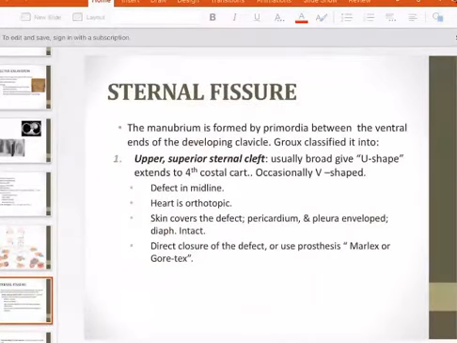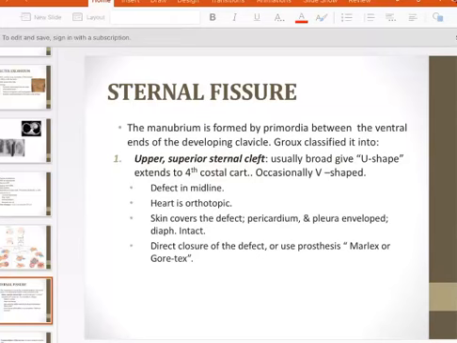Second, the most important is the sternal fissure. A sternal fissure may affect the upper part of the manubrium, or maybe the lower part of the body, or maybe all parts of the sternum.